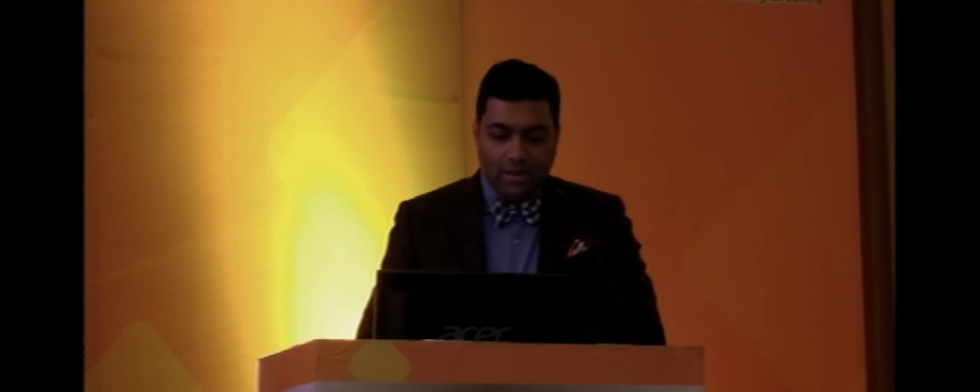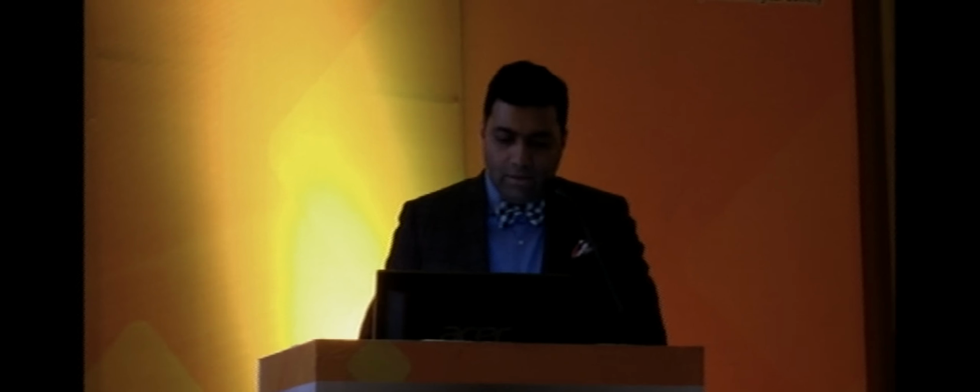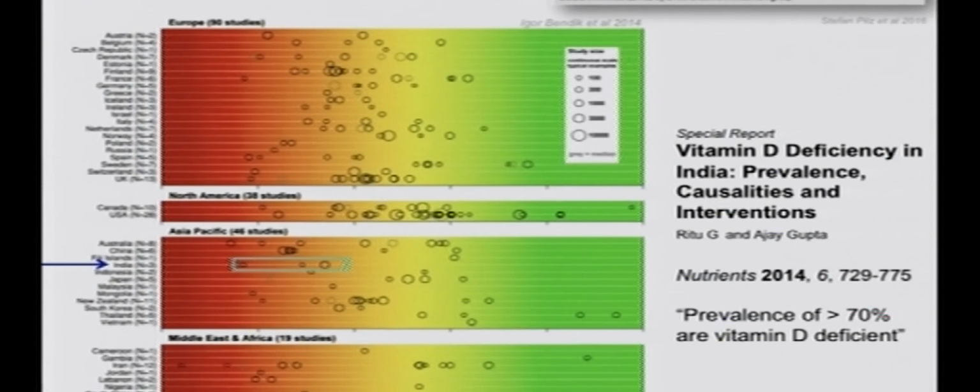And these are my financial interests. A few years back, when we started working on vitamin D as having a role in dry eye, one of the quick questions asked to us was this: 70% of Indians are deficient. How does it matter?